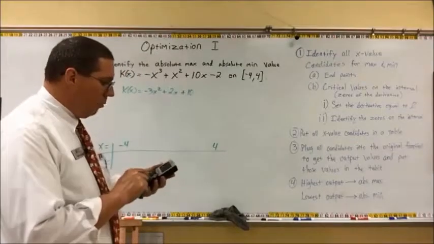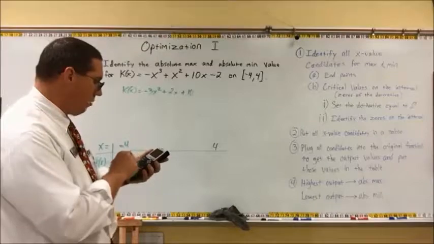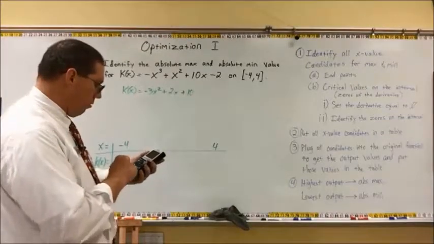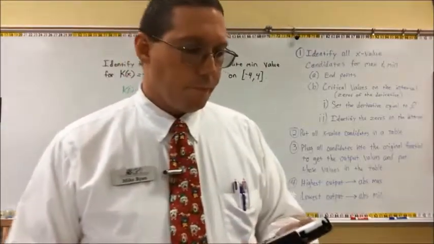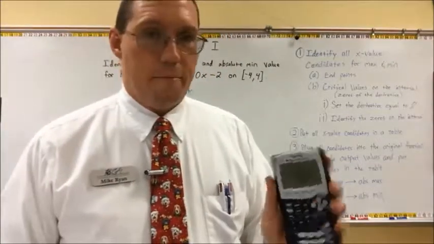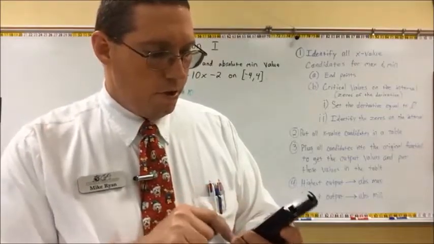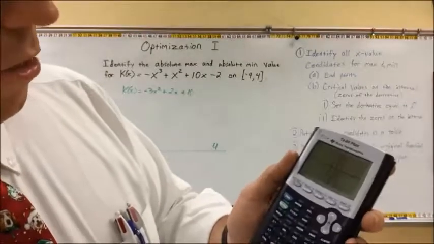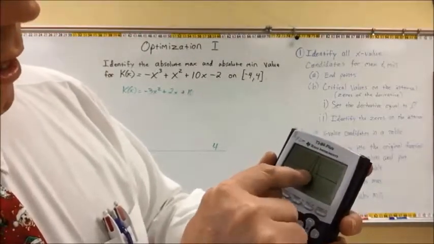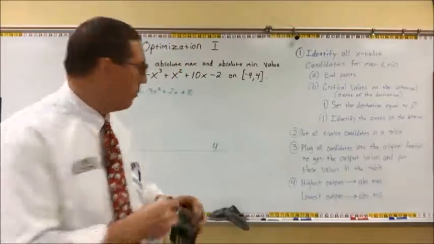So I'm going to hit y equals, clear out y1, and put in -3x squared plus 2x plus 10, and hit graph. I just realized I didn't reset my range here, so I'm going to hit zoom 6. And there's our derivative right there. It's a nice upside-down parabola, and it looks like both zeros are between -4 and 4, so we're going to have 2 critical values.